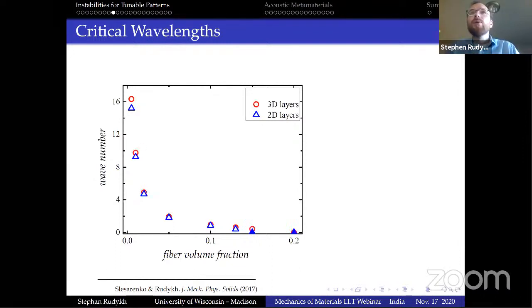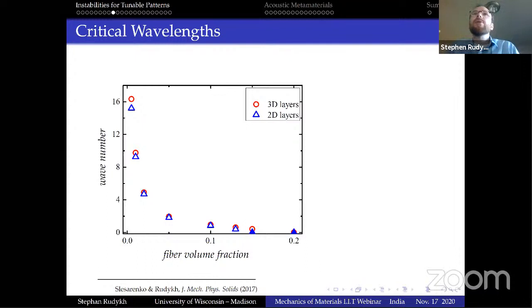Again, this is how it looks for the laminates, either in 2D or allowed to deform in 3D. And so very similar behavior, and of course that's expected, as it's basically the same material, just allowed to deform in one more direction instead of constraining plane strain.